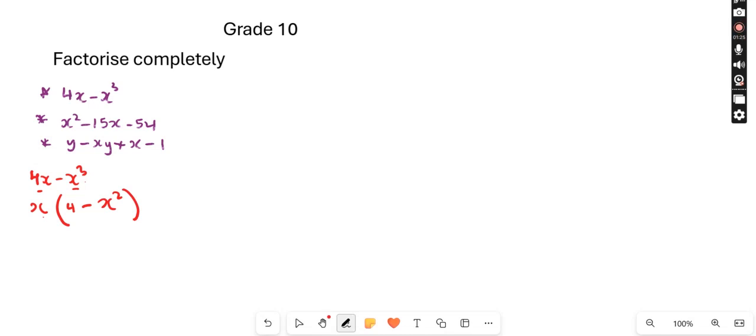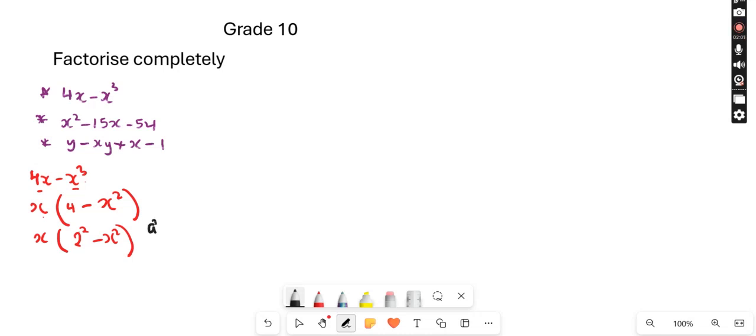Alright, so what do you recognize? I can recognize the difference of two squares, by saying this is x into 2 squared, because 4 is the same as 2 squared, then minus x squared. And what do we know about the difference of two squares?